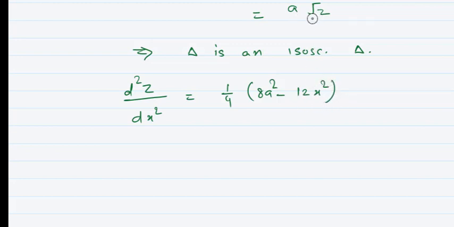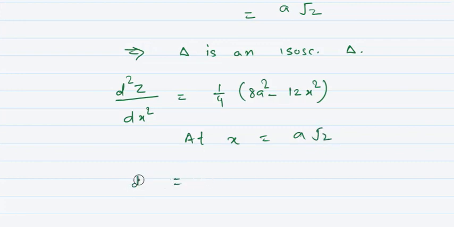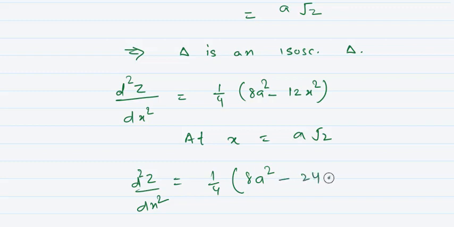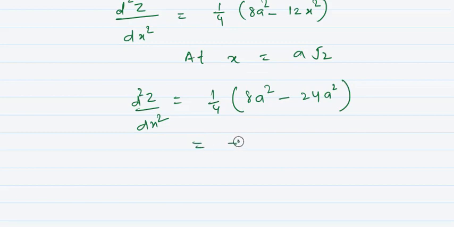Now the value of x that we are having with us is a root 2. So let us put the value of x. At x is equal to a root 2, we are getting d square z upon dx square as 1 upon 4 into 8a square minus 24a square, because this is 2a square from here, so it will be 24a square. So clearly the value that we are getting is negative. As I told you, no need to calculate value, only just find out whether it is positive or negative.